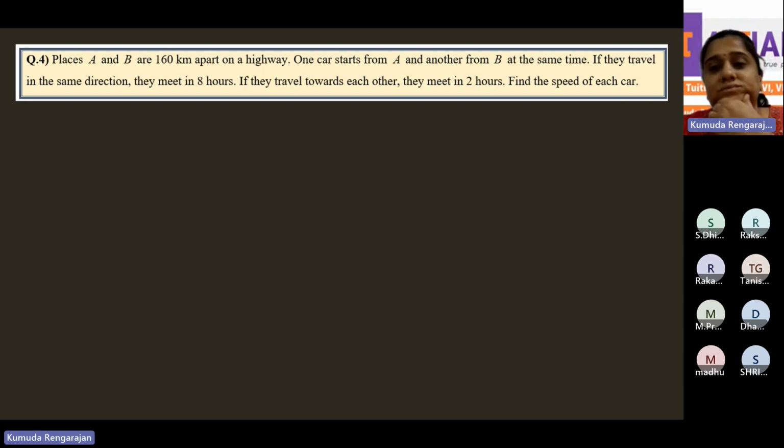Full stop. One car starts from A and another from B at the same time. Full stop.